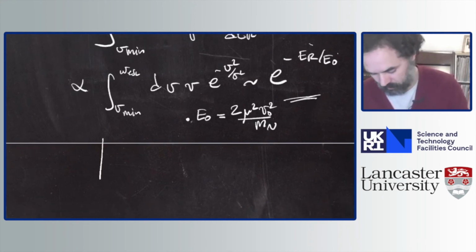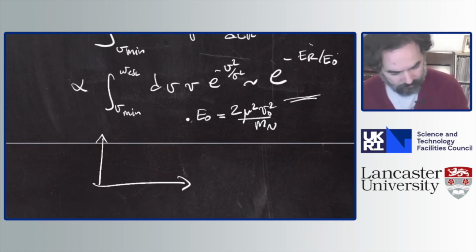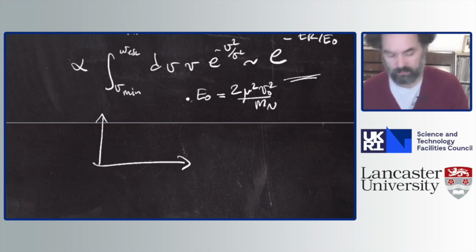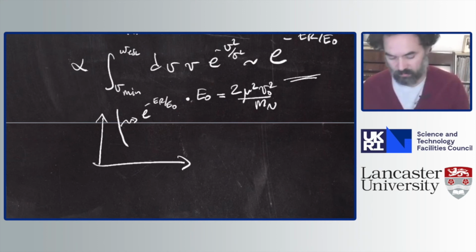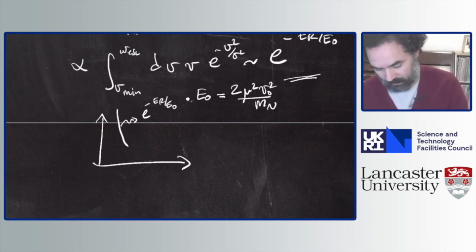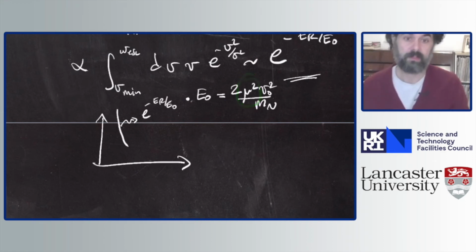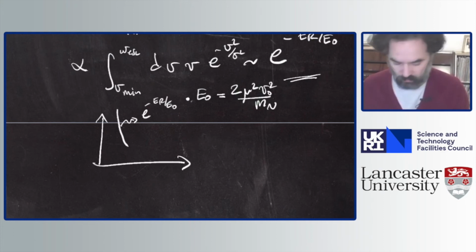This is something you typically see when you look at sensitivity curves for dark matter detectors, because you see that at low masses there is an exponential separation coming from the fact, again, that the mass of the dark matter particle enters into this quantity. So it makes E0 decrease when you go to small masses.